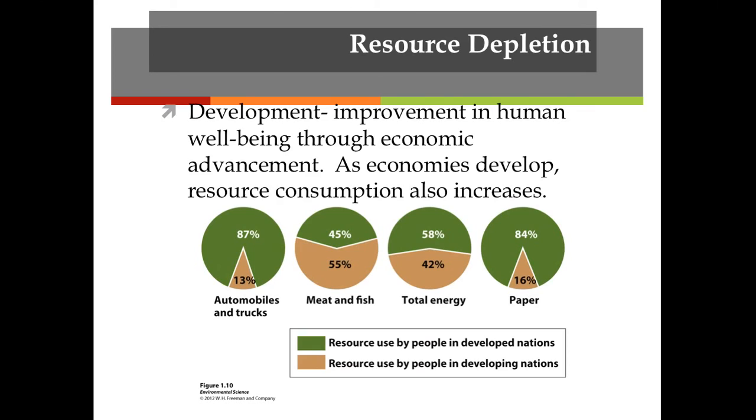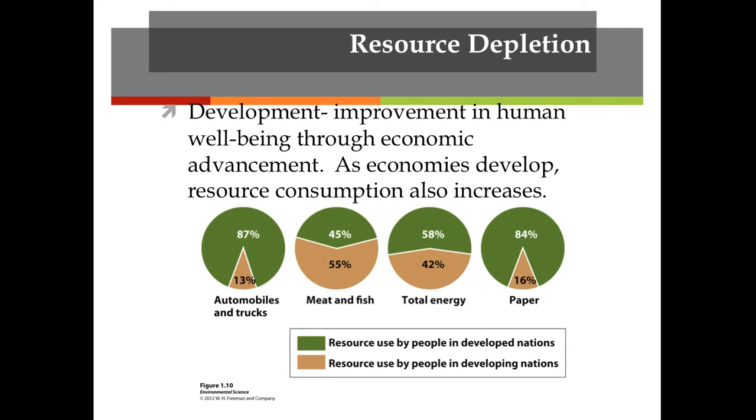So if you take a look at this figure here on the diagram, the green is showing you the resources used by people in developed countries, and the tan is showing you resources used by people in developing countries. Only 20% of the world's population lives in developed countries, but that 20% uses most of the world's resources.